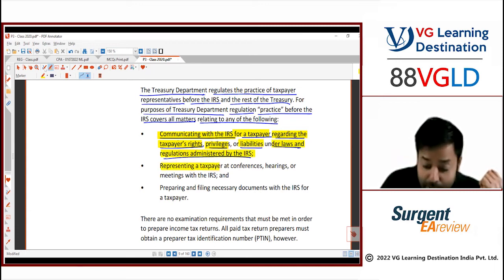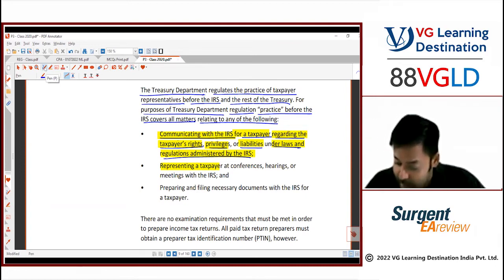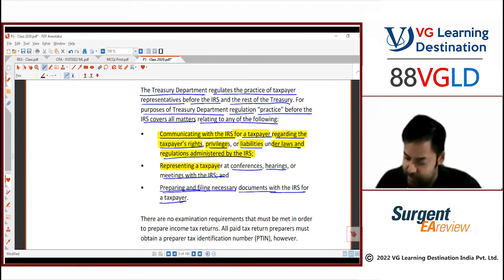It also means representing your client at conferences, hearings, or meetings with the IRS, and preparing and filing the necessary documents with the IRS for the taxpayer itself.